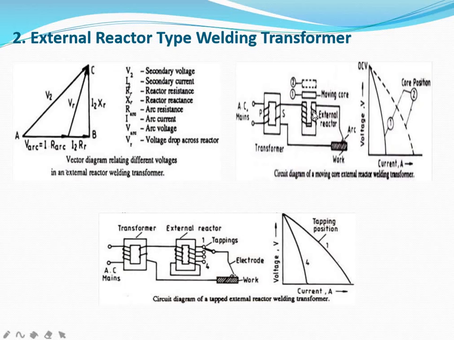This reactor consists of a steel core and a winding wound with wire designed to carry the maximum allowable current.